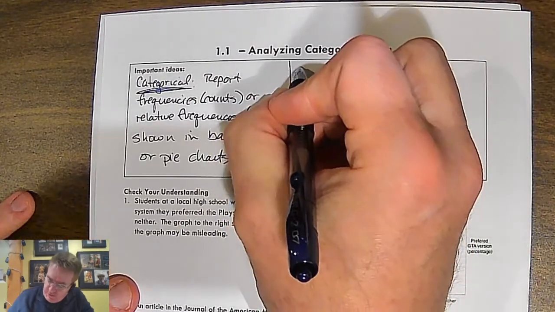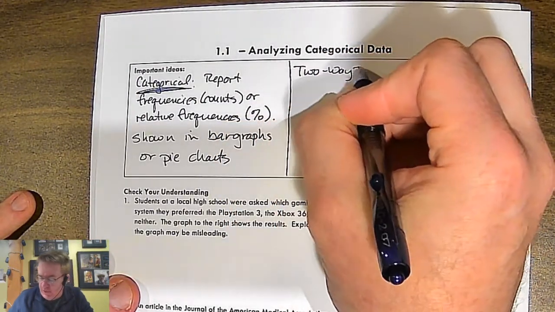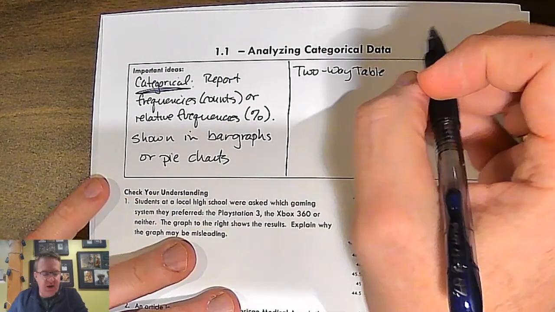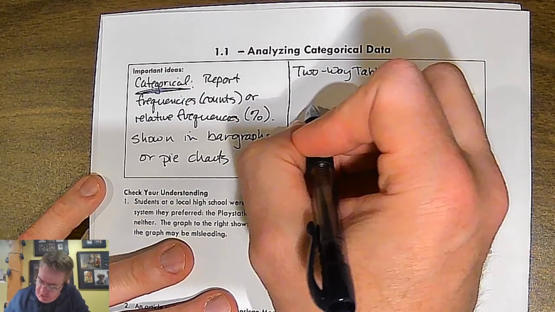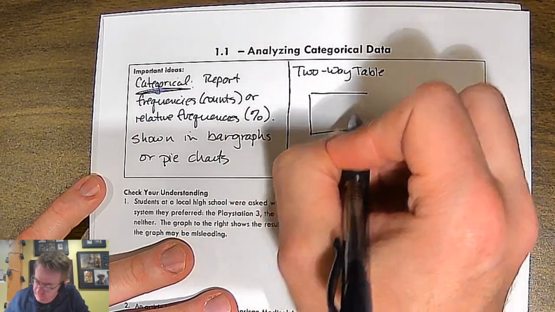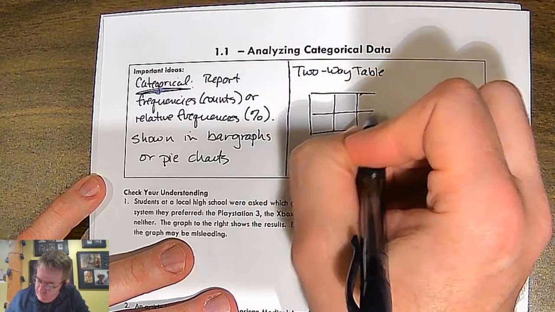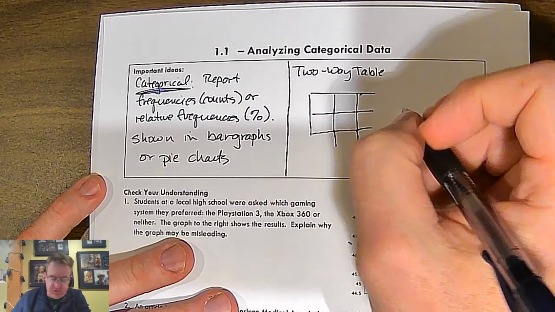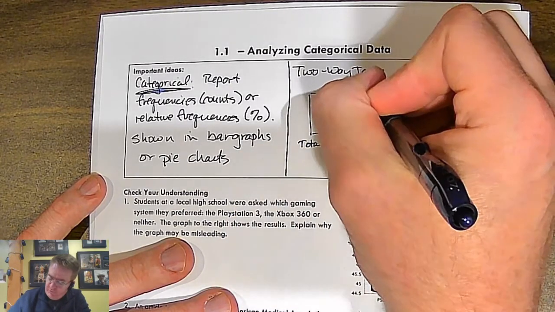Now we have something called the two-way table. Again, as I said, you may have seen this in Algebra 1. We teach it there in one of our three little mini stat units. So you're going to have this, and we're just going to make a simple table. We've got totals down here, we've got totals over here.